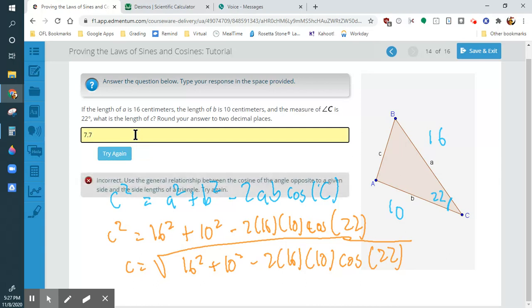This one I didn't have to do. Whoa, what are we talking about here? Why is that wrong? Incorrect. The general relationship between cosine and the opposite angle. What are you talking about? 16 squared, so C squared is A squared plus that. Round to 2 decimal places.